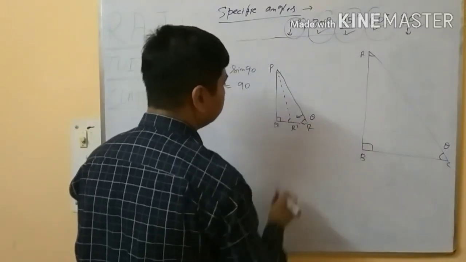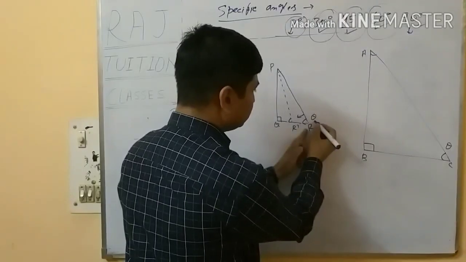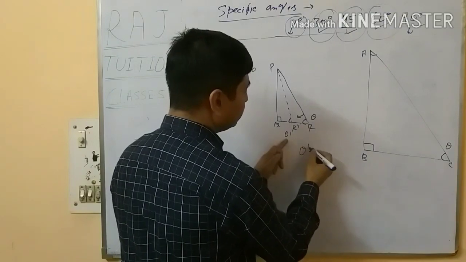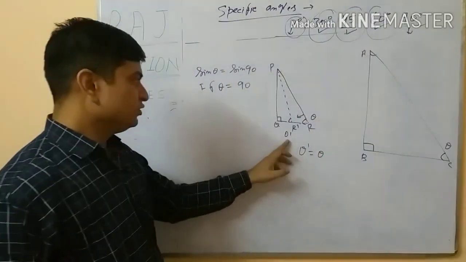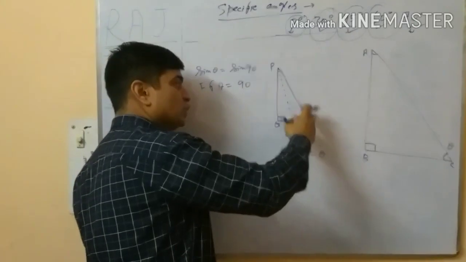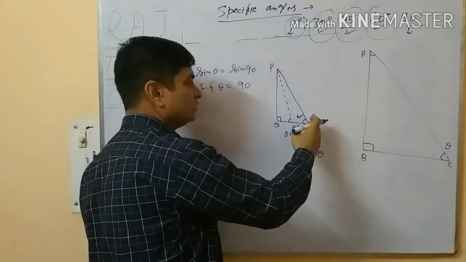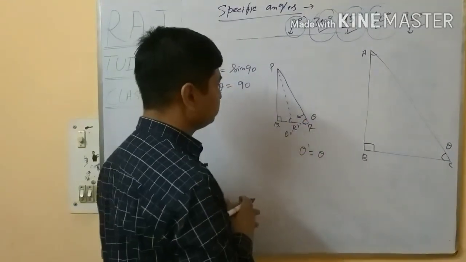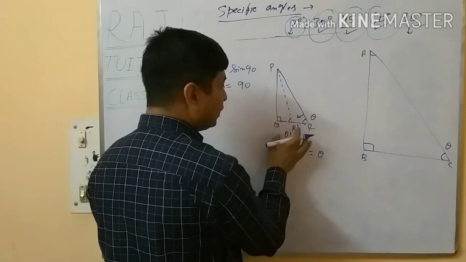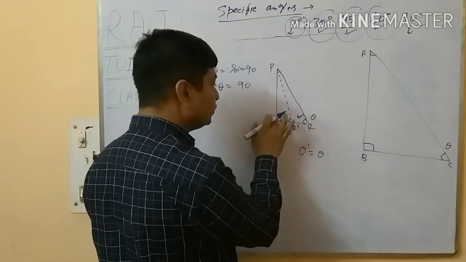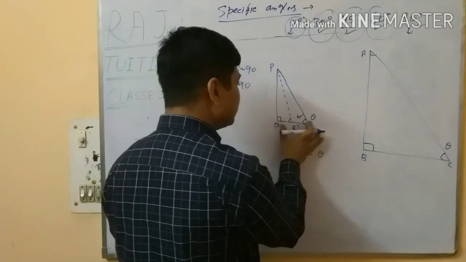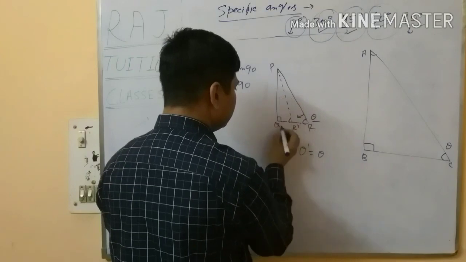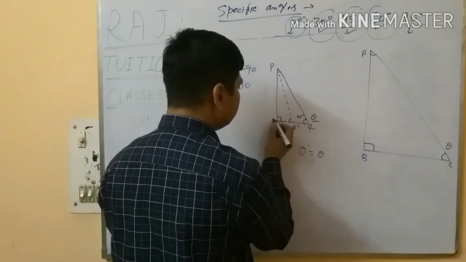Not exactly 90 right now, but this angle theta dash is clearly greater than theta, because the slope is reducing. The slope is decreasing, and the value of the angle is increasing. So to make it 90, I have to shift R over Q. When this angle theta becomes 90, R will shift to Q.